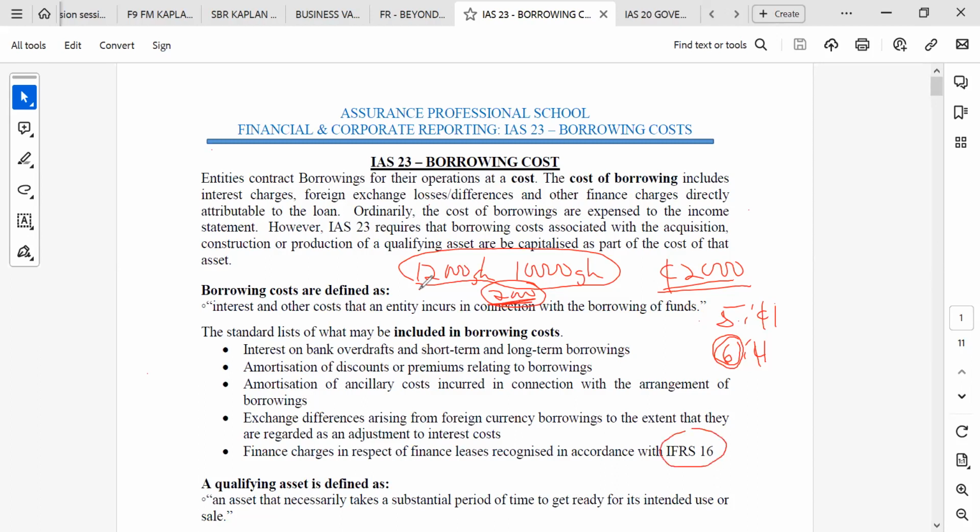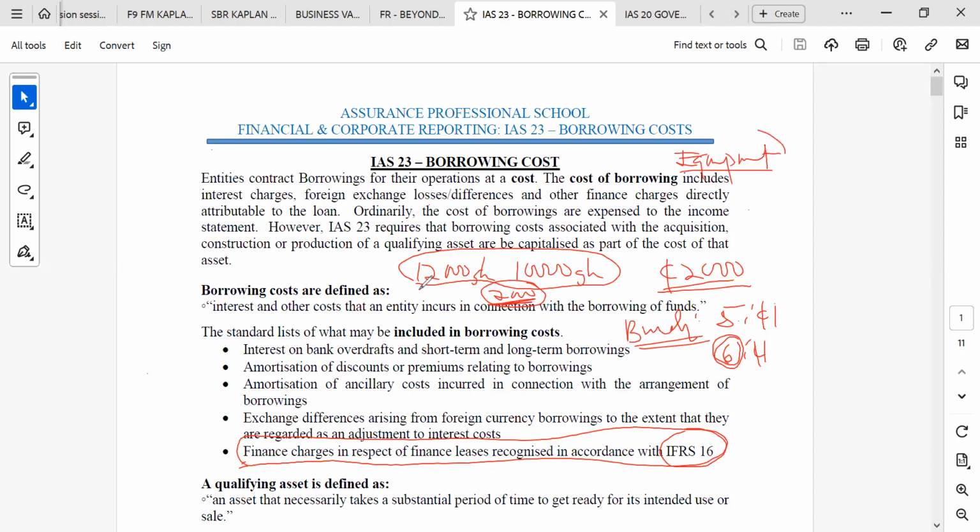Someone will say, okay, I was able to understand the first, second, third and fourth points, but how would finance charges in finance leases be part of the borrowing cost that will be capitalized? It's very simple. Assuming that you are going to construct a building, and in constructing this building, you have leased equipment on a finance lease.